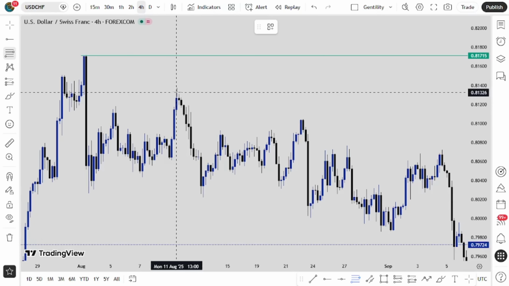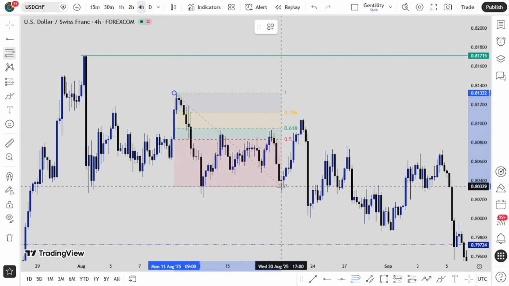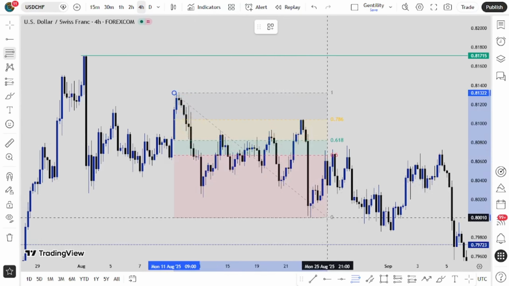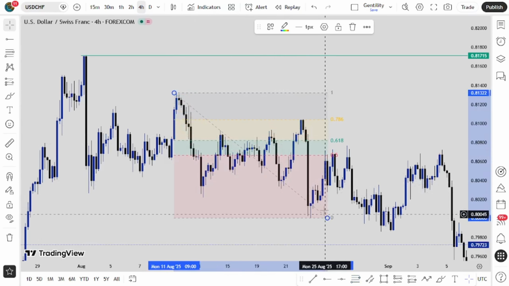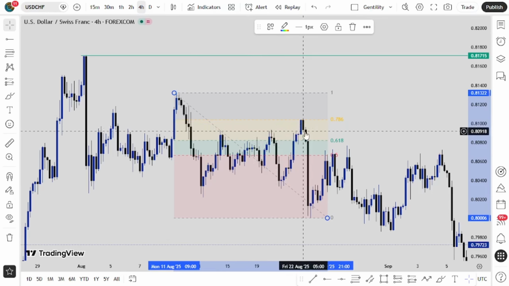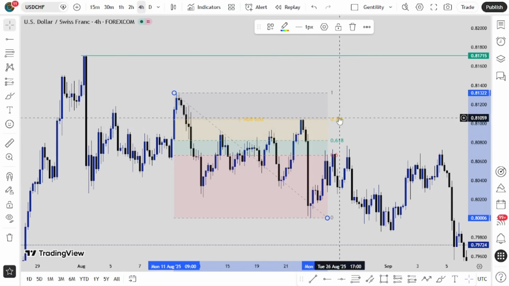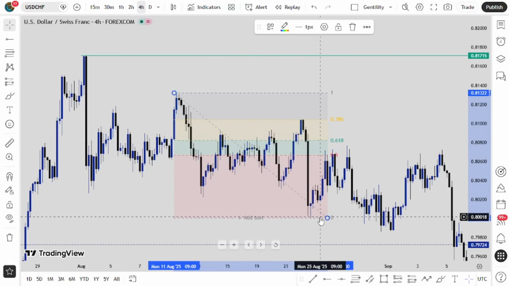Then at the point of the retracement, if I should carry my tool again and draw from swing high to swing low, you can see how price nicely came into our 78.6% retracement and dished out this beautiful move right here.